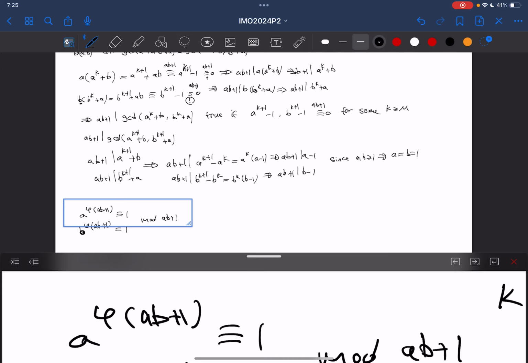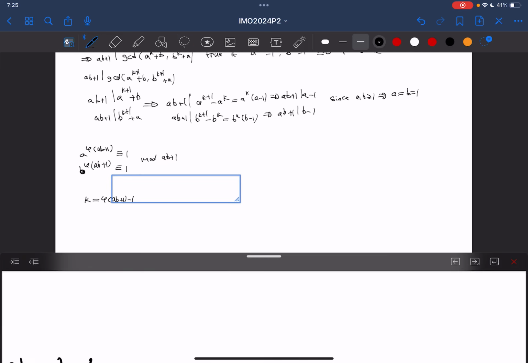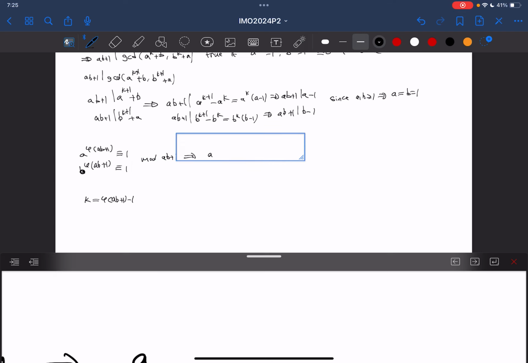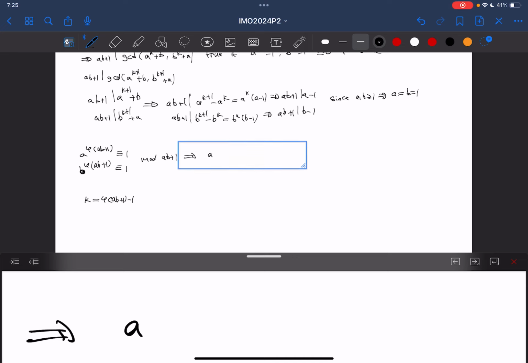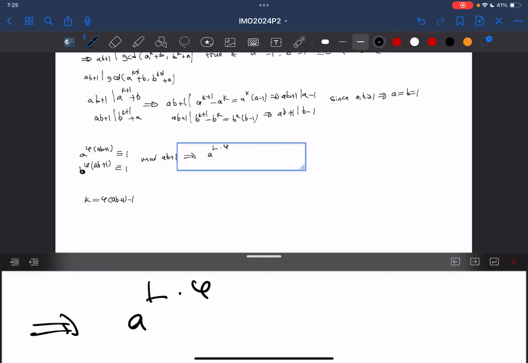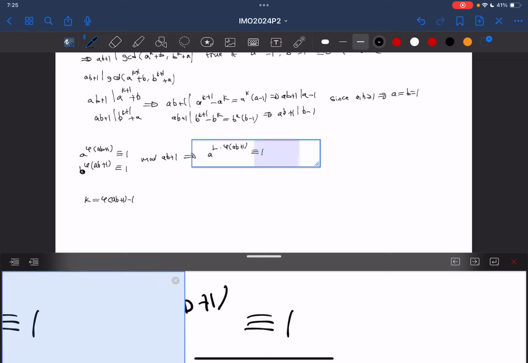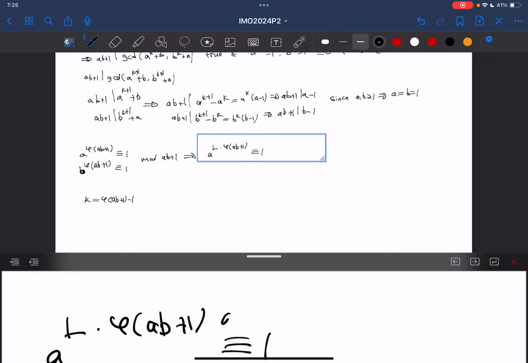Why is that not a problem? Because I could come here and say, okay, a to the power of L times phi of ab plus 1 is also 1 mod ab plus 1.